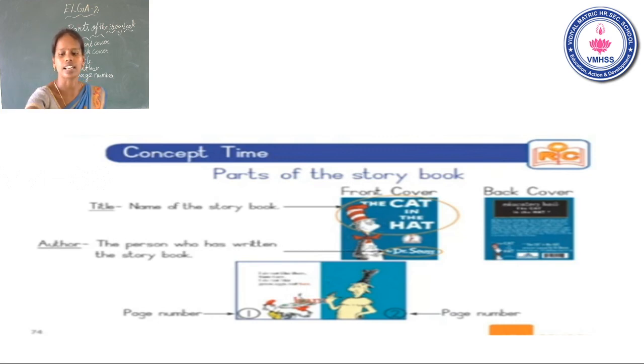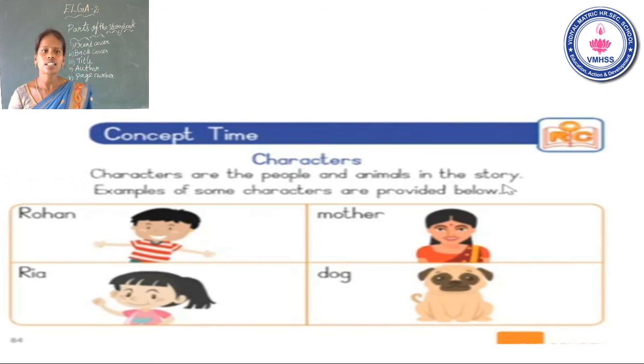Okay. See the slides, students. What do you see in these slides? Characters. Who are characters? Characters are people and animals in the story. Yes, they are called characters. Okay, examples of some characters are provided below.